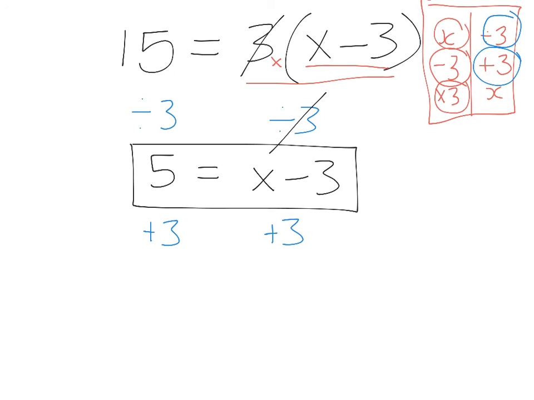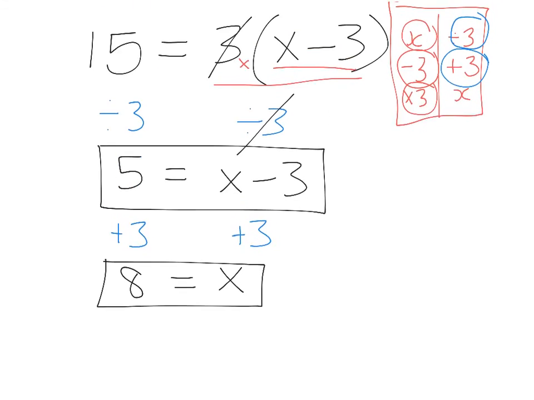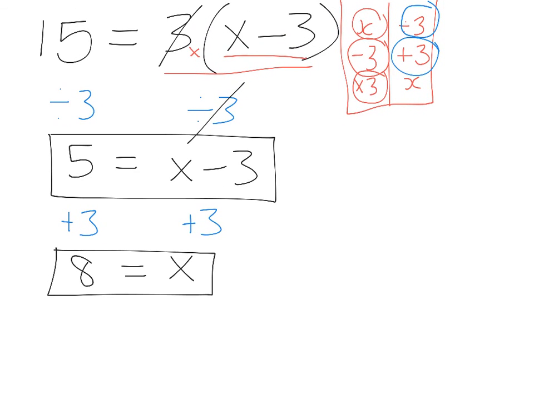So 5 plus 3 is 8. Equal sign underneath the equal sign. x minus 3 plus 3. Well, minus 3 plus 3 is nothing, so I'm just left with x. Aha! I seem to have a value for x now. So I can rewrite that as x equals 8. I like to have my pronumeral on the left-hand side.